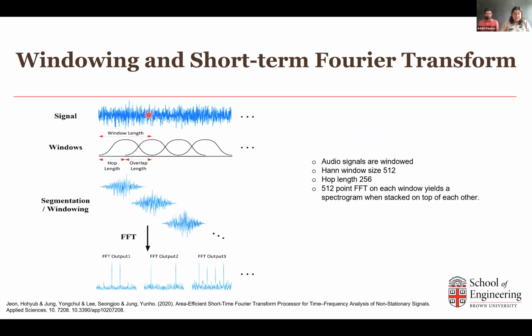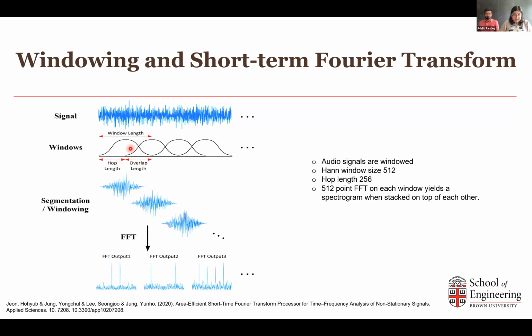In the paper, the audio signals are windowed using a Hann window size of 512 and a hop length of 256. So there are 512 samples, and we are basically multiplying this Hanning function point by point, and then taking the Fourier transform of the output.